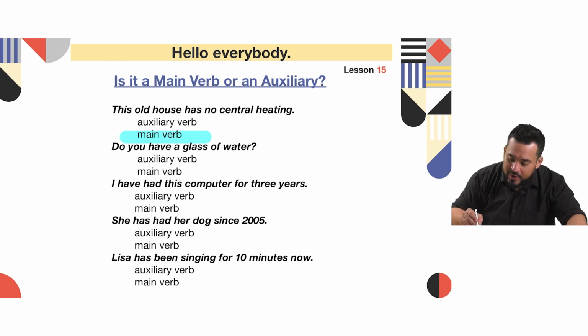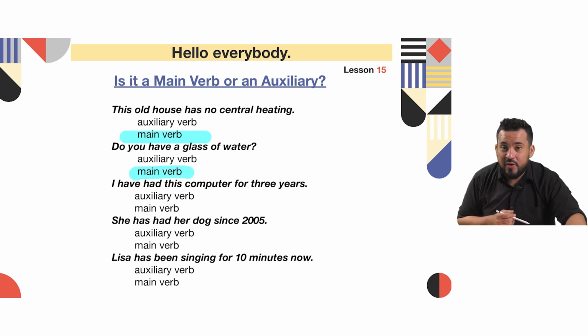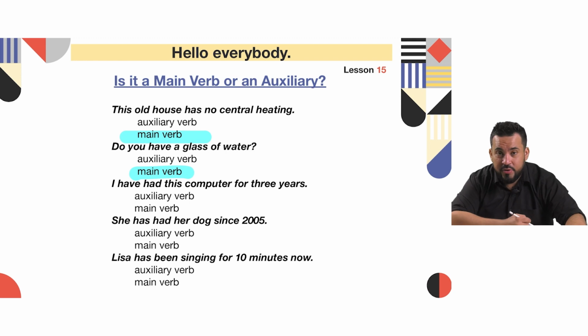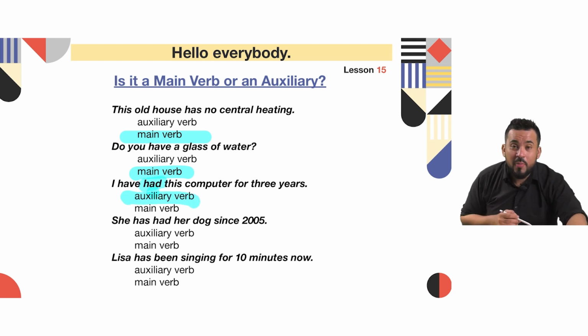Do you have a glass of water? Again, it's a main verb because there are no other verbs. I have had this computer for 3 years. Now here, it's an auxiliary because we have a main verb and it's had.